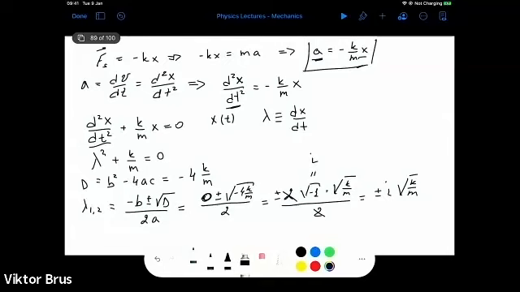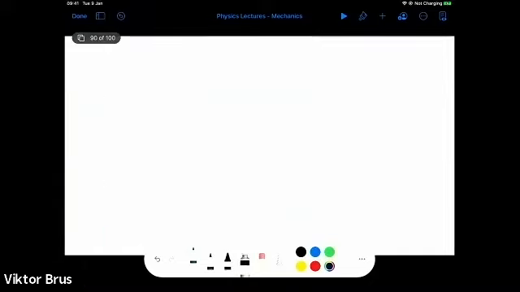And it's another step in the process of solving this type of second order linear differential equation: if the solution of the characteristic equation is given in the form of conjugate imaginary numbers, like plus minus i times square root of k over m in our case here, so if we have imaginary roots for the characteristic equation, then the solution of the differential equation is given in the following form.